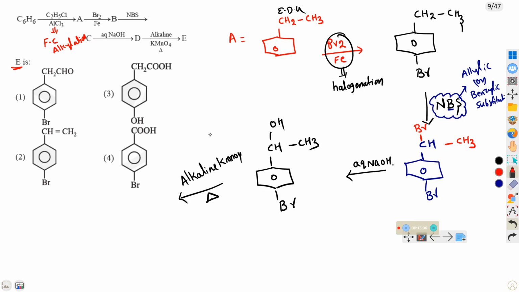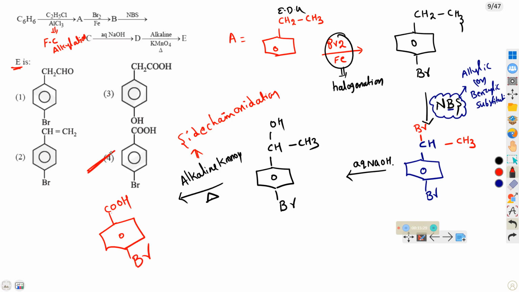This is side chain oxidation. Irrespective of carbon chain length, the alkyl group is converted to carboxylic acid group. So fourth option correct.